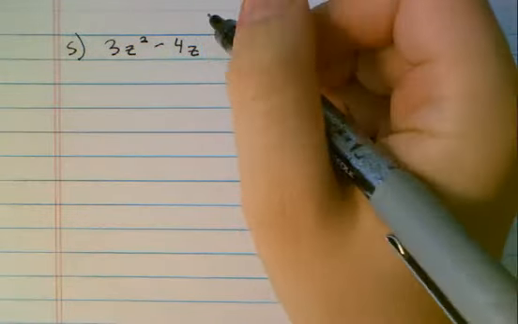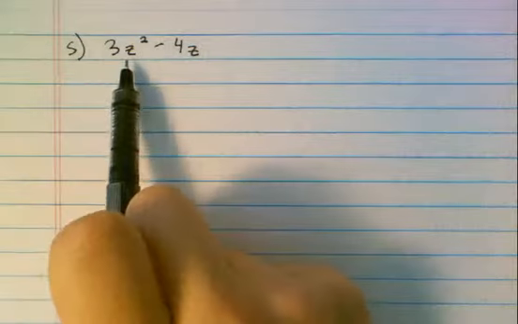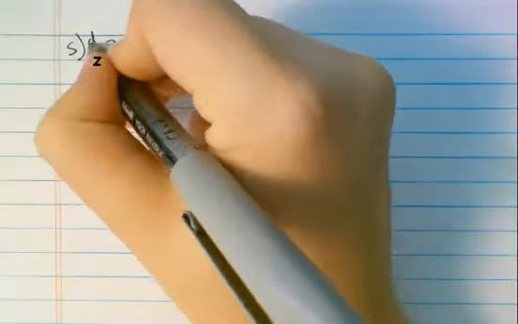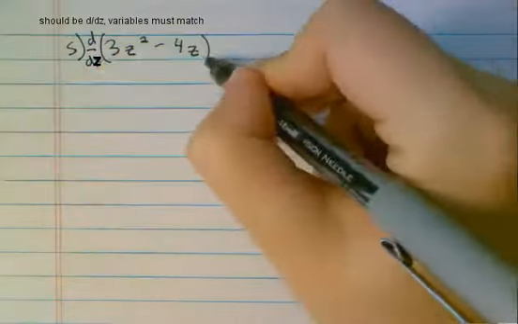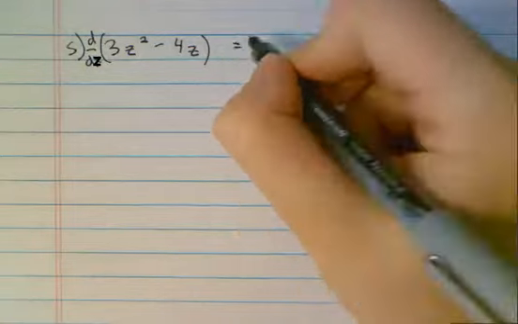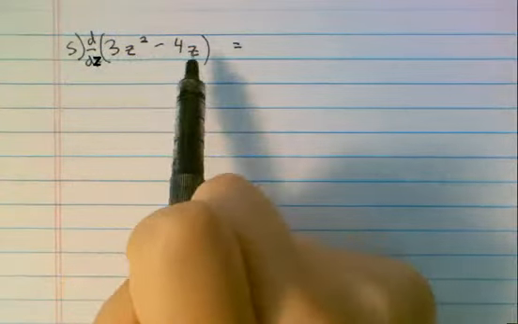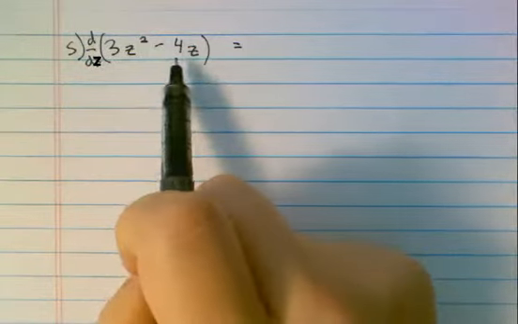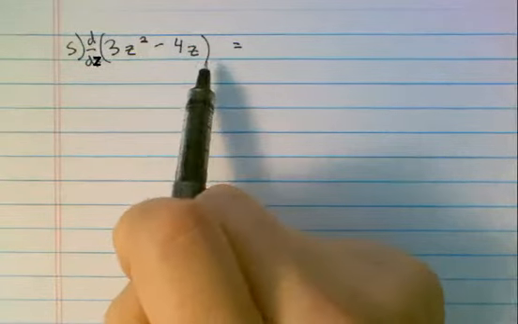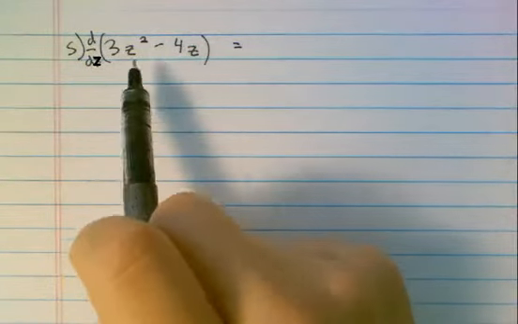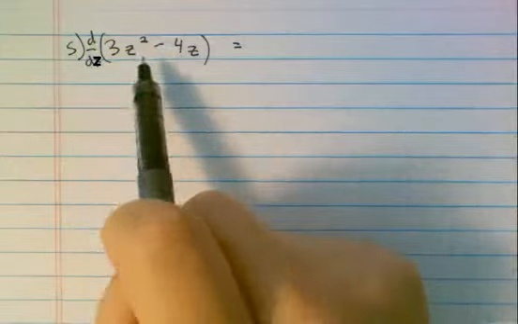It doesn't really matter. But what you notice here is that these variables are separated by subtraction. So because they're not multiplied together, we're not going to use the product rule. We're just going to do them separately.